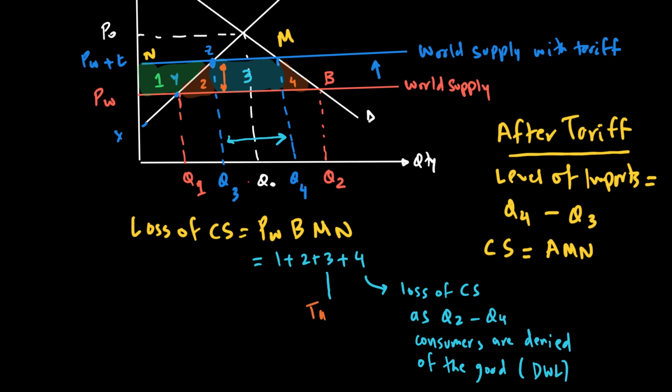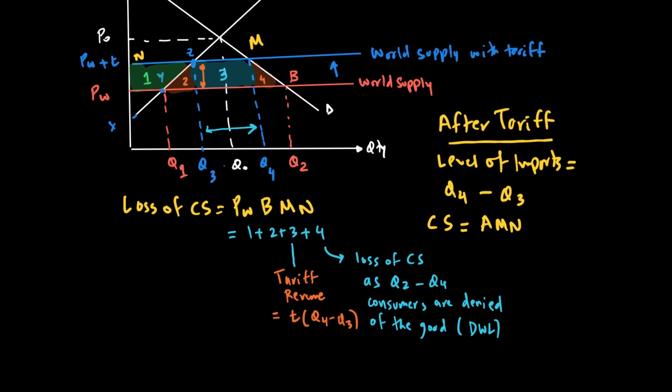It's a tariff revenue, and it is equal to T, which is the tax, times Q4 minus Q3, which is the level of import. So this is where area 3 is actually going to what we call government. The reason why I won't call it a deadweight loss is because there is a party in the society who gets this, and that party is government.